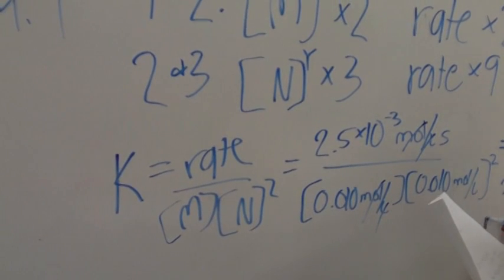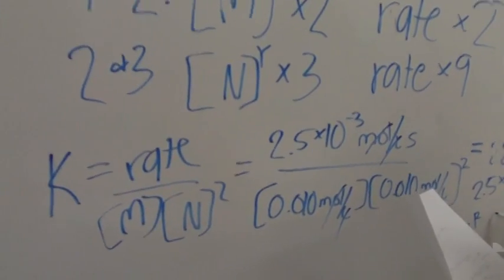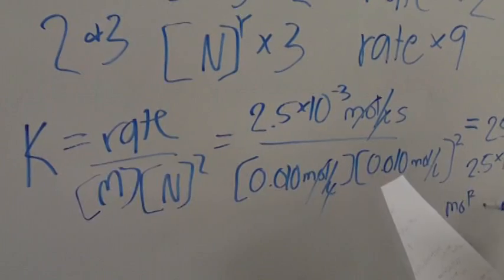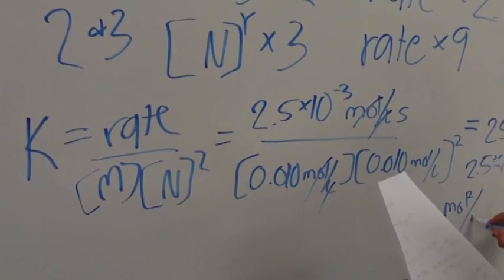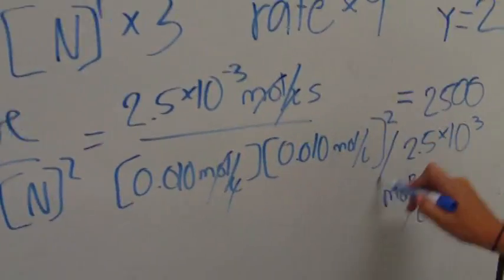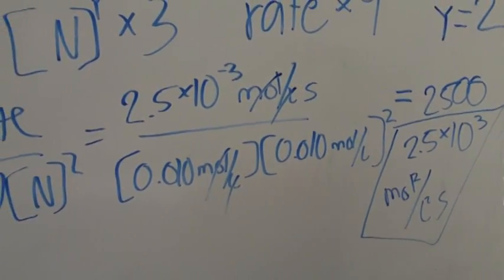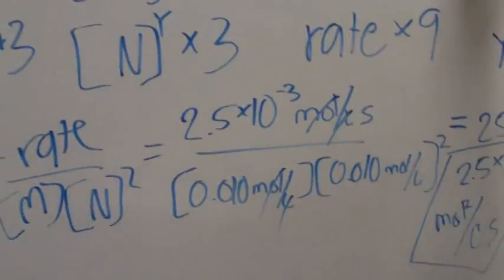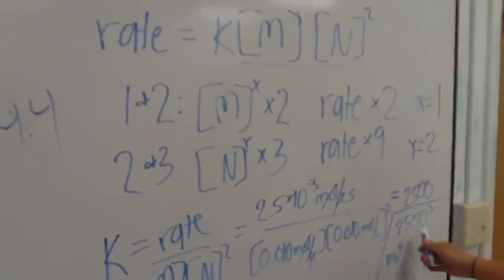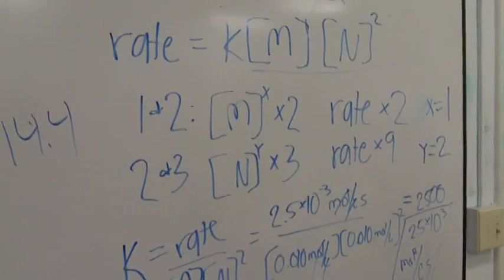So you end up with moles squared per liter squared seconds. That's the units for your k constant. So we got our rate law up here, we got our k here. After you plug the k into the rate law, that's the rate law altogether, and that's what it's asked for.